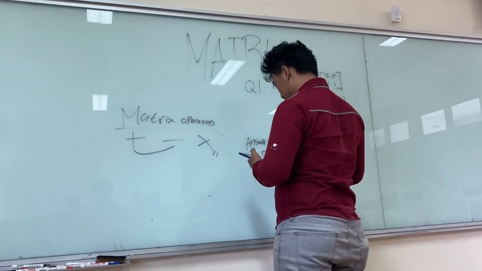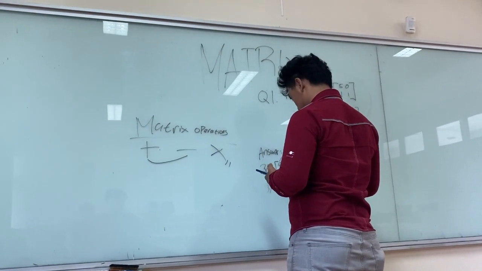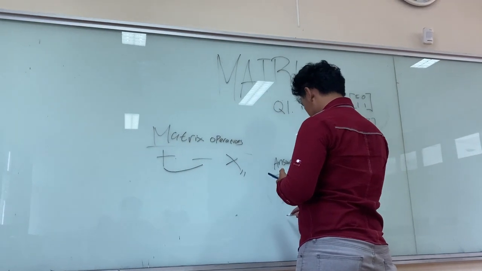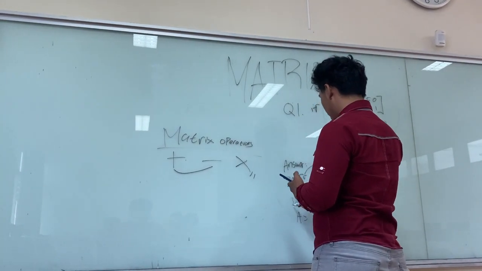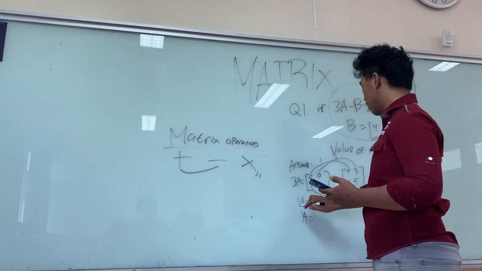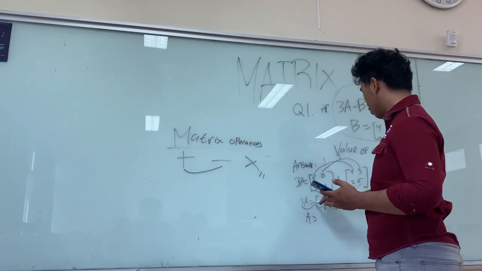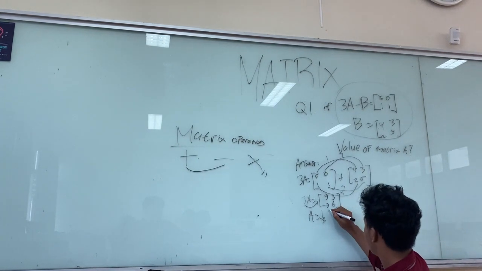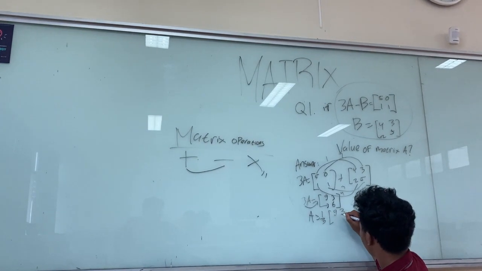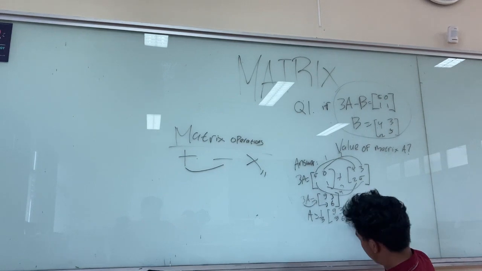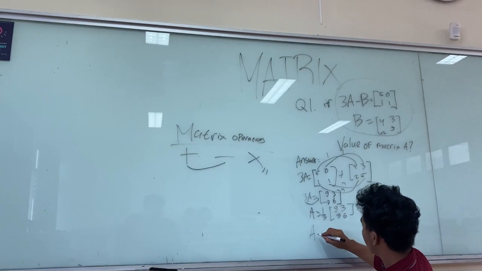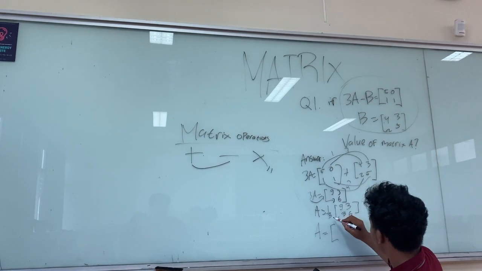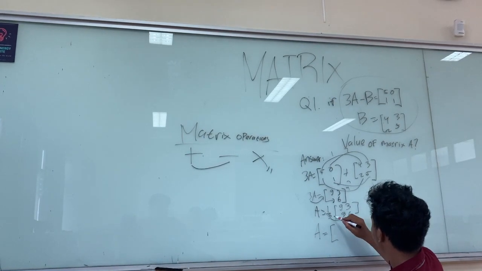So it will be like this. And the 3 will go there, so it will be like this. And the result will be, and it will be divided by 3, all of them.